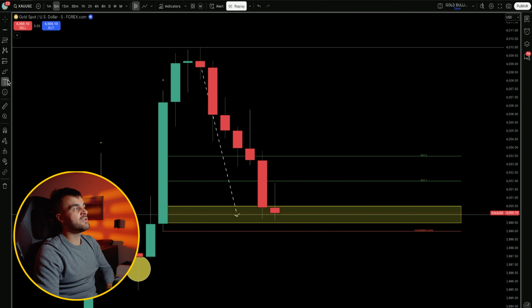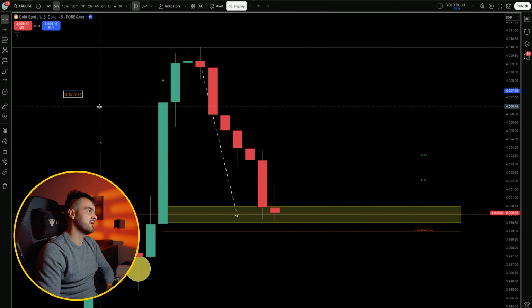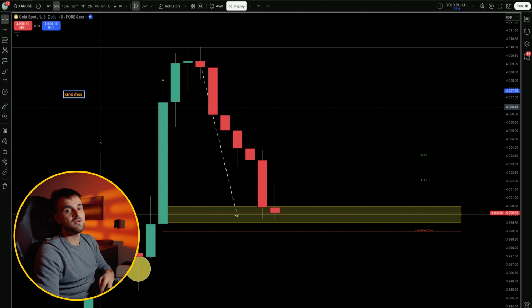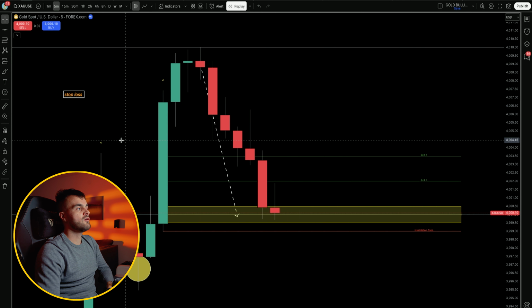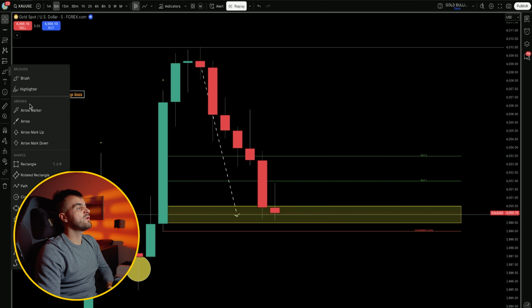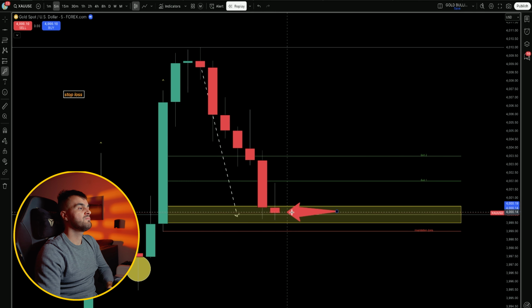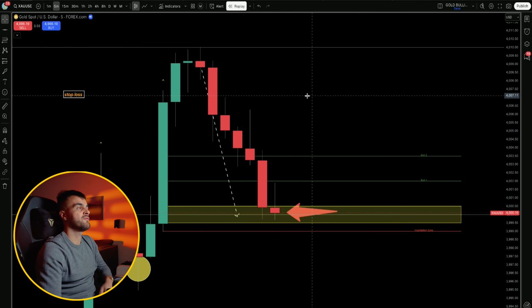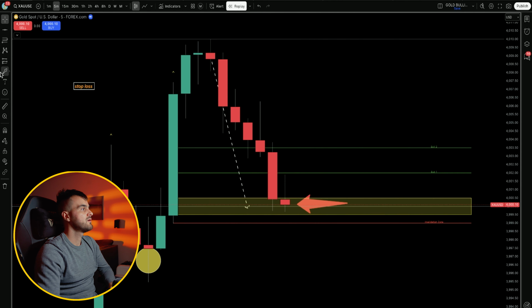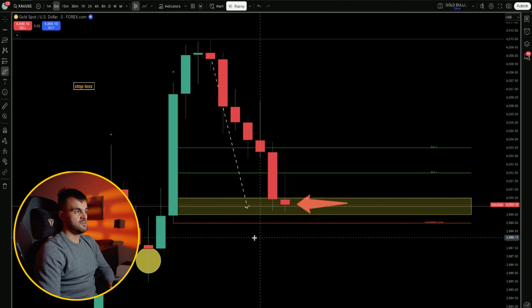So some invalidation rules, what determines, okay, maybe this didn't work, like a stop loss or invalidation rule. That could be one, we could look at where the zone is printed and where the current range of the market is behind us or even above us. So in this case, it's kind of behind us because we're in a buy.